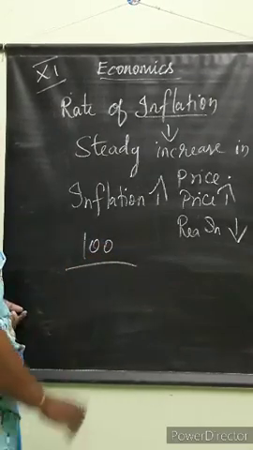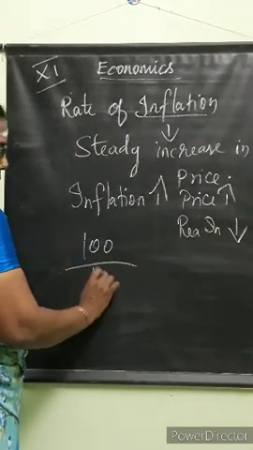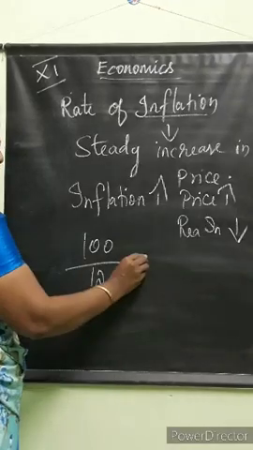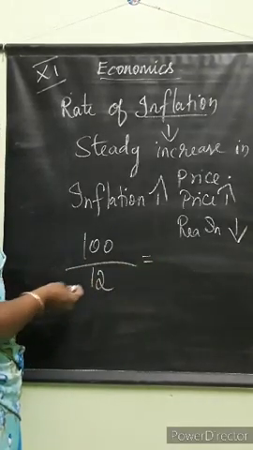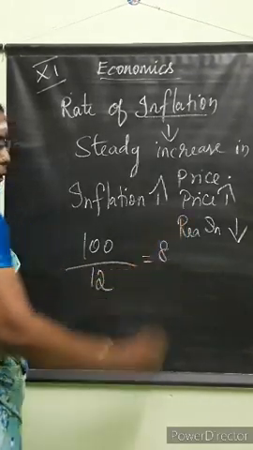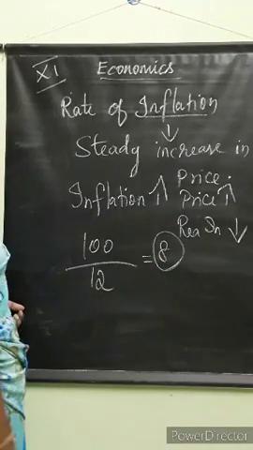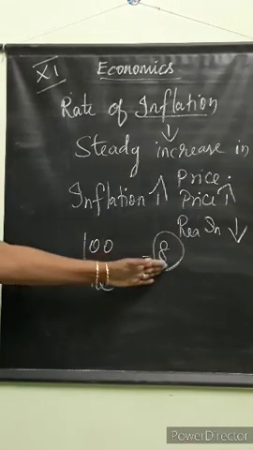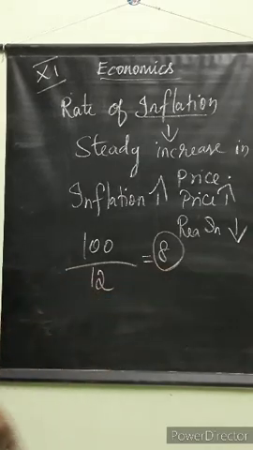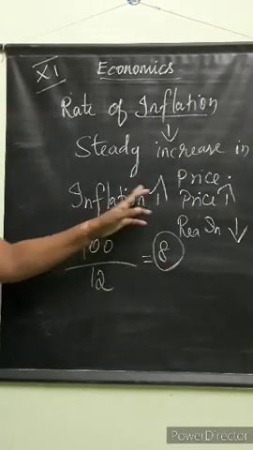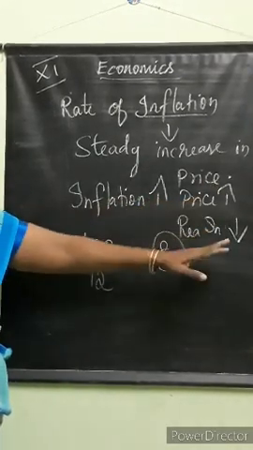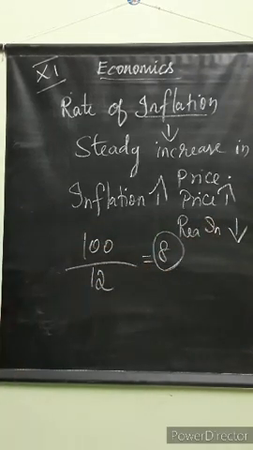If your nominal income is 12, and the price has been increased, then how much can you get? 8 only, isn't it? So the real income has gone down. So if the inflation increases, the price also increases, then the real income goes down.